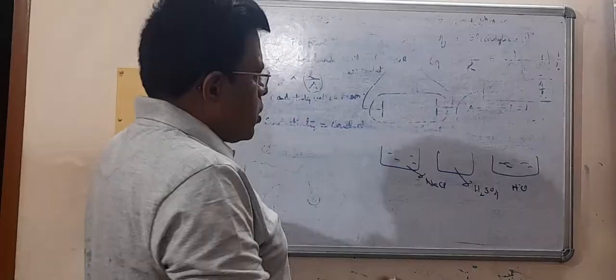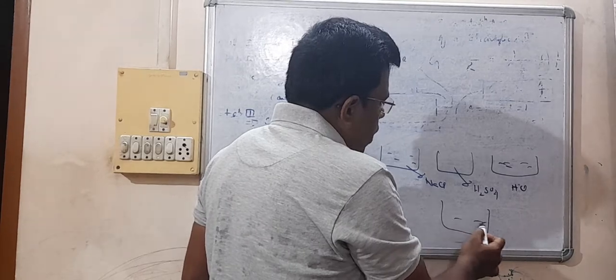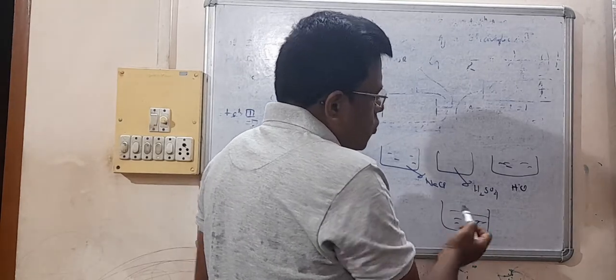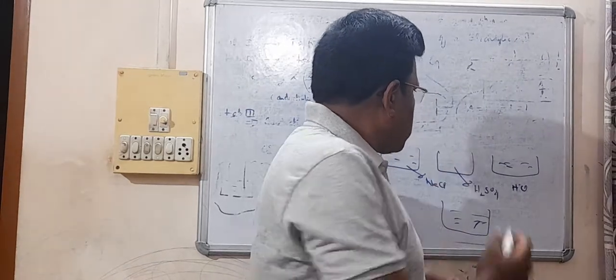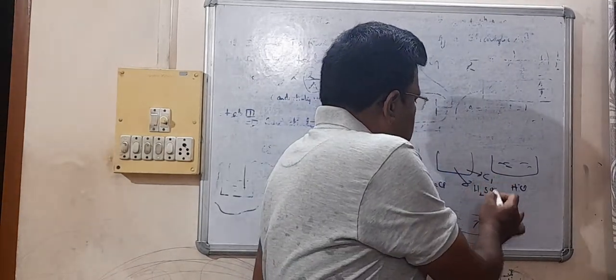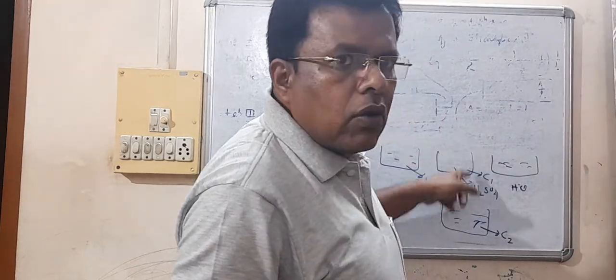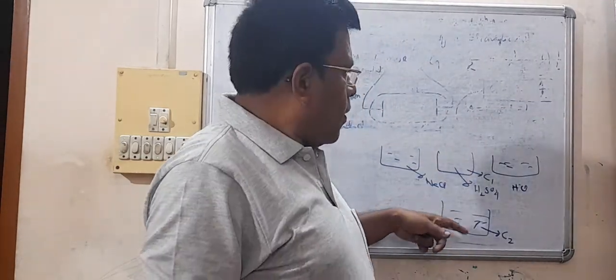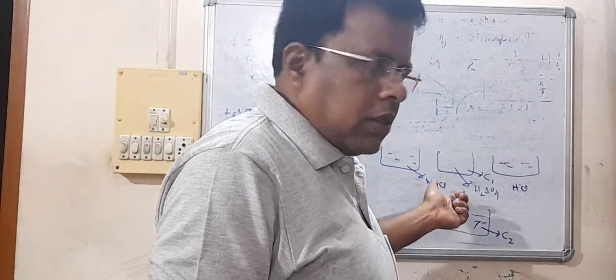Now suppose here also we have sulfuric acid, and here also we have sulfuric acid. Suppose here the concentration of the solution is say C1, here the concentration is C2, then also the conductance will be different. So conductance depends on so many factors like this.